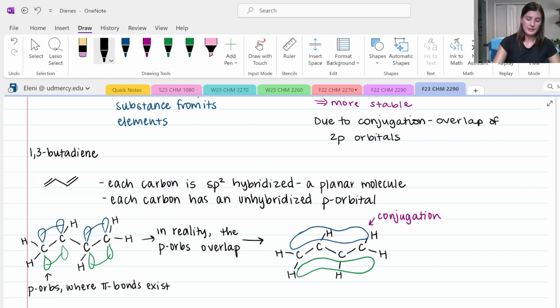So having more space for electrons to move around is more stable for a molecule.